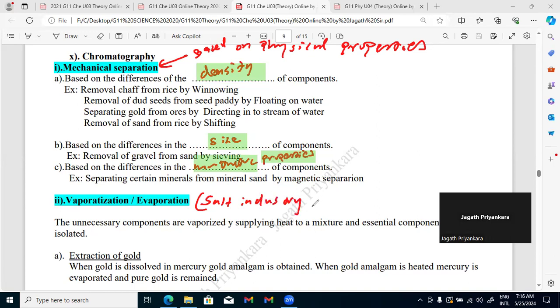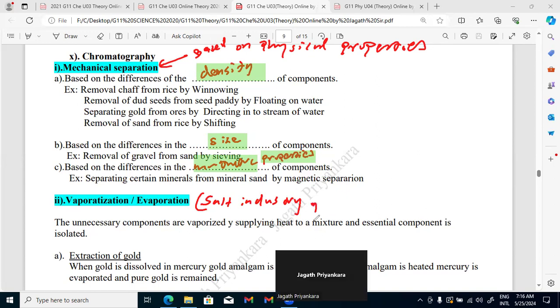Why? We evaporate water to get the salt crystals from seawater. In the sugar industry, from the sucrose solution of the phloem sap of the sugarcane plant stem, we evaporate water and get the sugar crystals. So these are some of the industries where we use this.